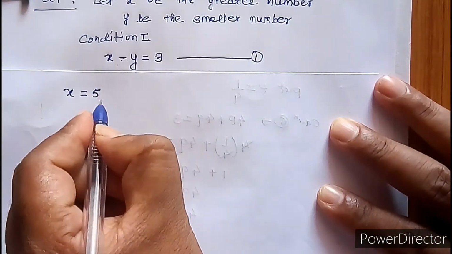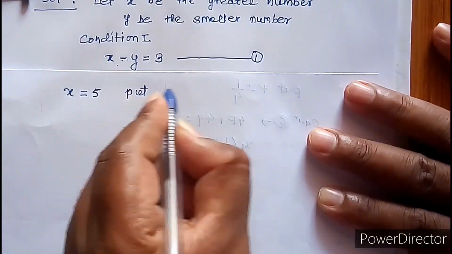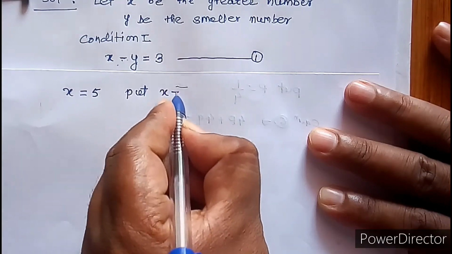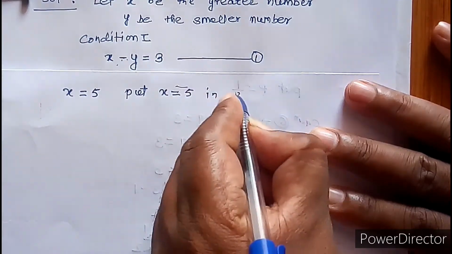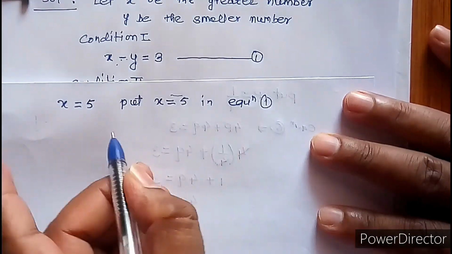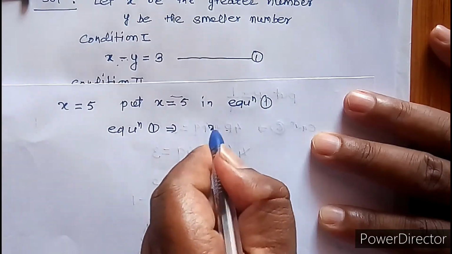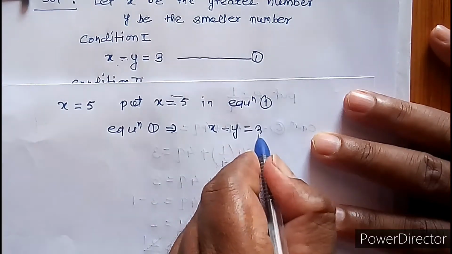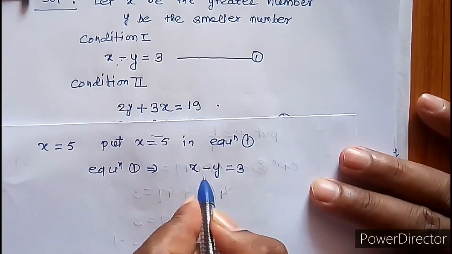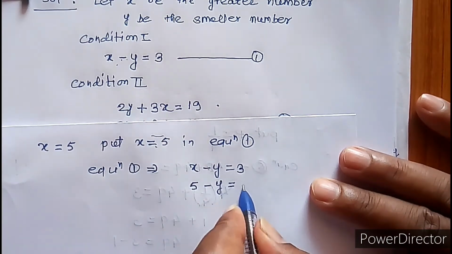By putting x equals 5 in equation number 1. Equation 1 is x minus y equals 3. We have to put the value of x, that is 5. Write down 5 minus y equals 3.